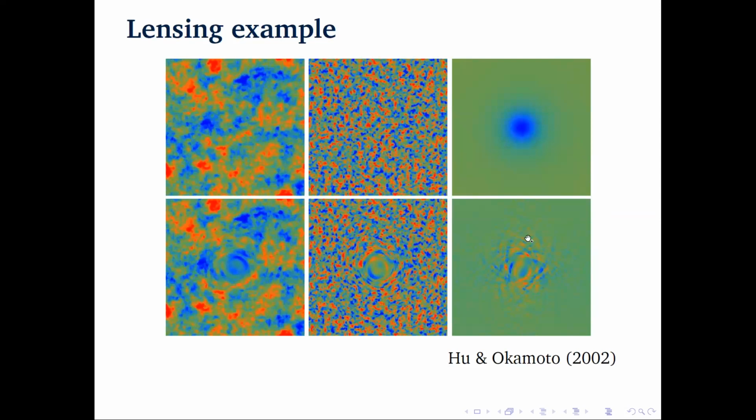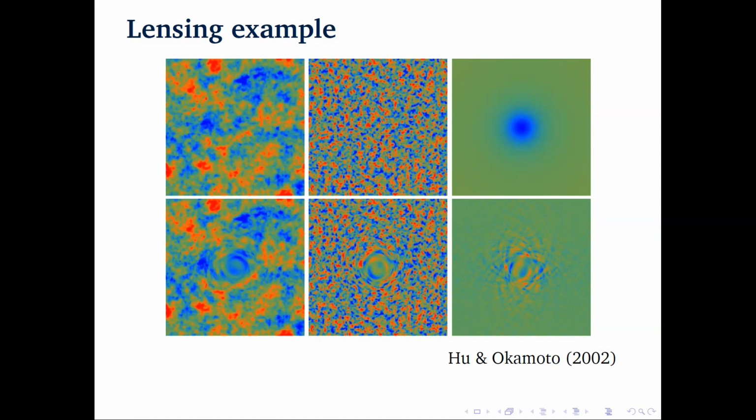Here is an example. This is an exaggerated example. In the top panel, this is an unlensed temperature CMB map, this is an unlensed CMB polarization map, and this is the E mode polarization map. And here is a Gaussian map of a lensing potential phi.